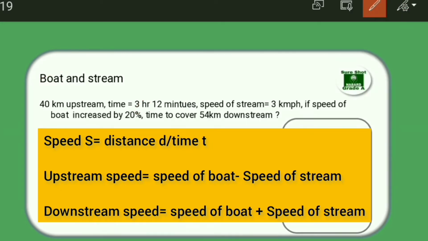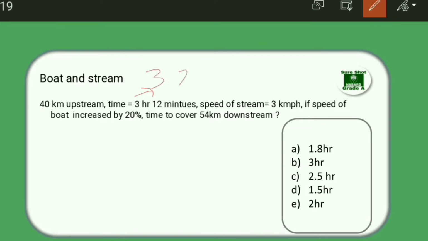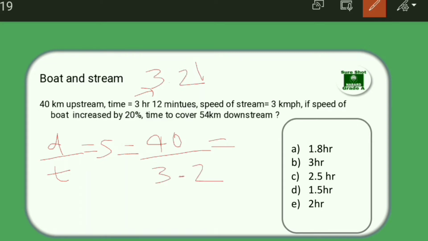So we have the time for upstream as 3.2 hours. We need to find the upstream speed so that we can find the speed of the boat. Distance by time gives speed, which is 40 divided by 3.2.